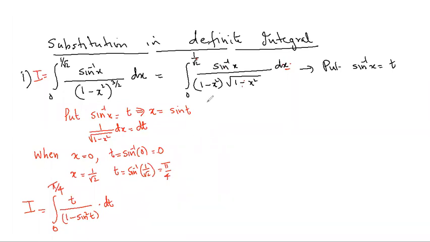So my question now changed to integral from 0 to pi by 4 of t, and 1 minus sine square is cos square; when you take it to the numerator, it becomes sec square t.